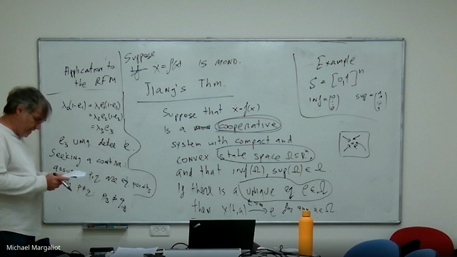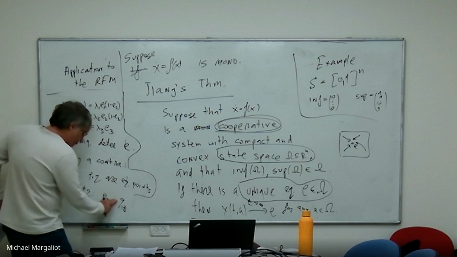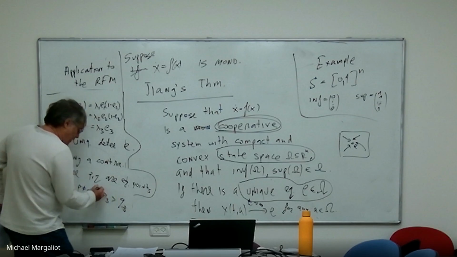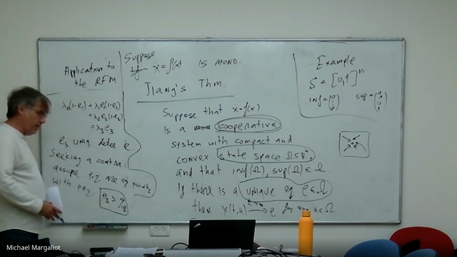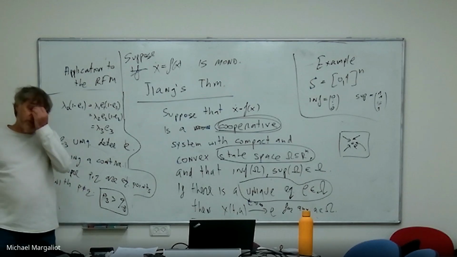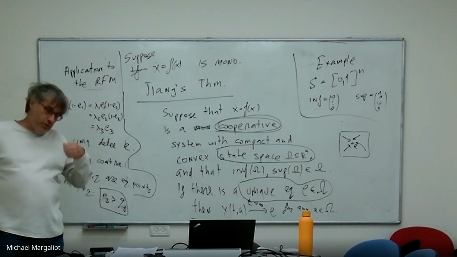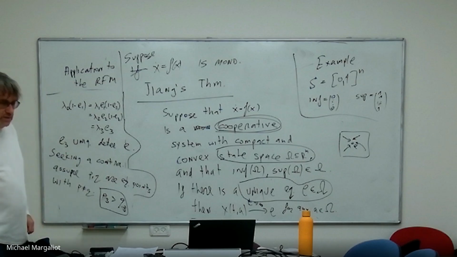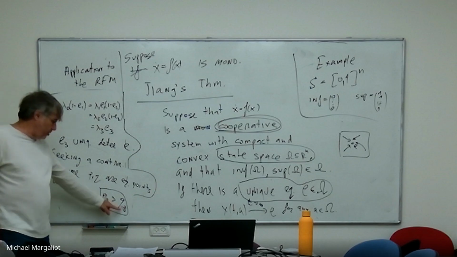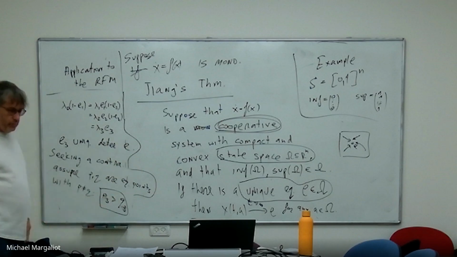And let's assume without loss of generality that we have this inequality. One of them is larger than the other. So let's call P the one with the larger third coordinate, and Q will be the other equilibrium point with a smaller third coordinate.